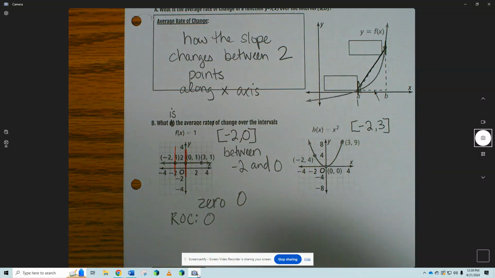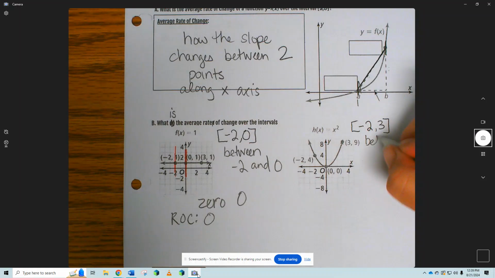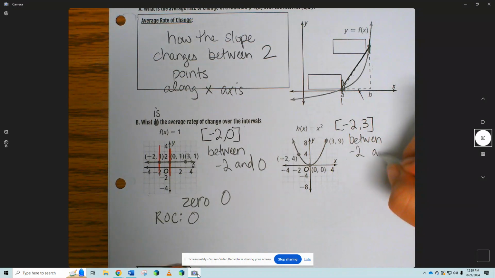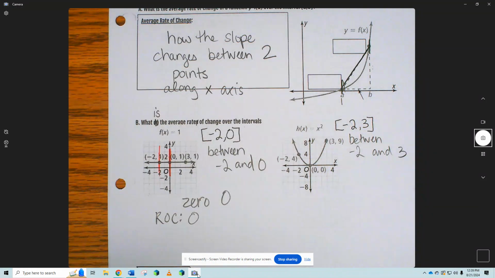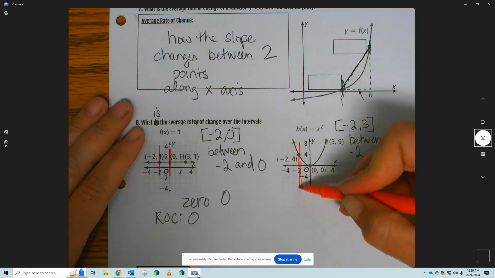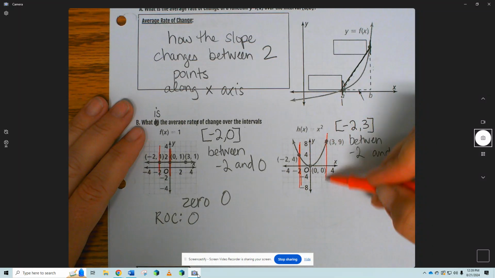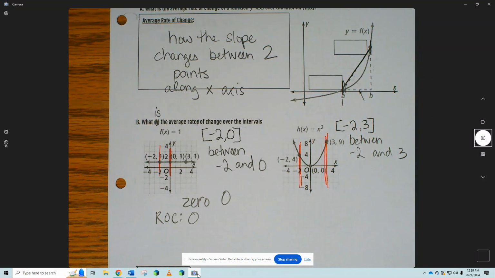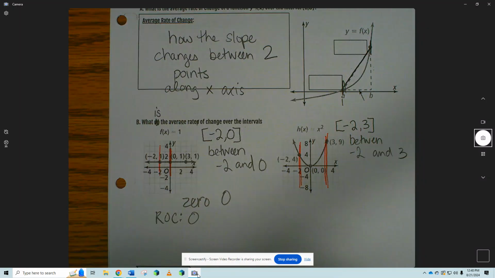All right, here we go. This one is between -2 and 3. Can you please draw the boundary lines on that interval? Draw a line at -2. Then draw a line at 3. In between -2 and 3, use your ruler.